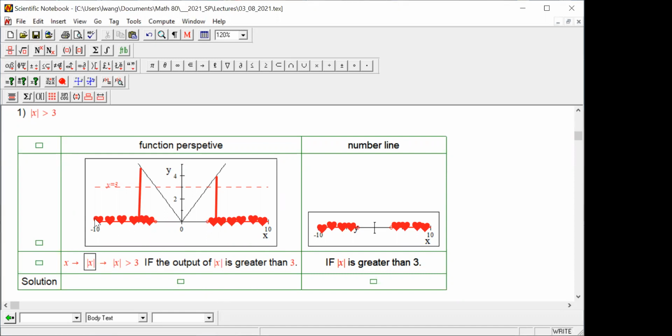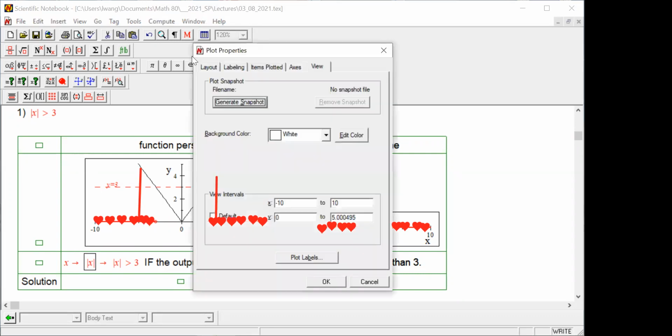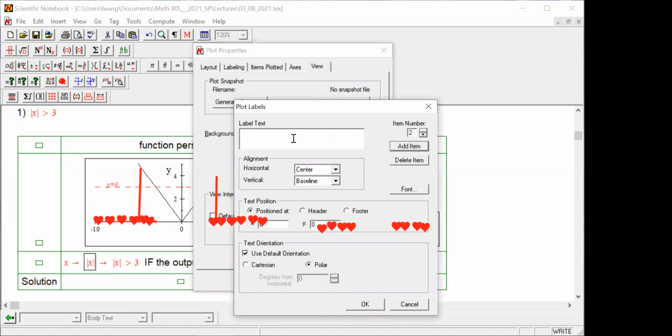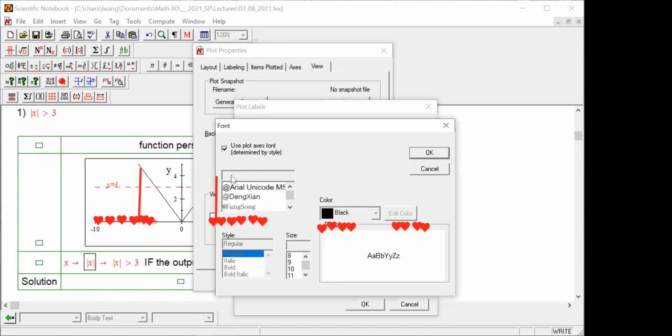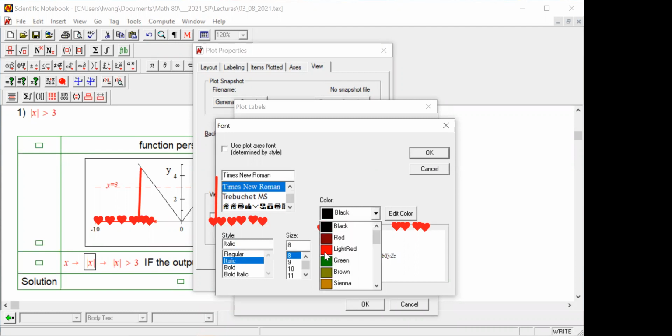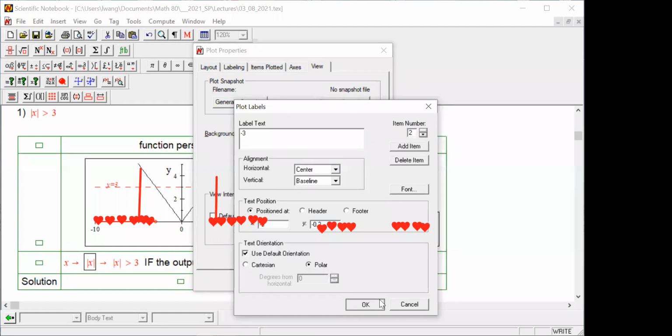For these numbers, you can see all of them are less than -3. So let me mark that -3 to see if I can mark it real quick. I'm going to put a red mark right there.